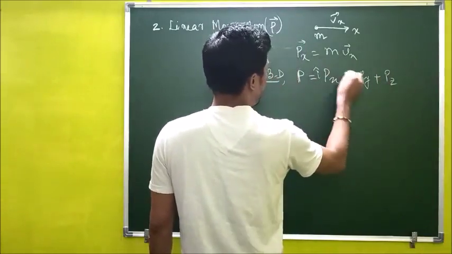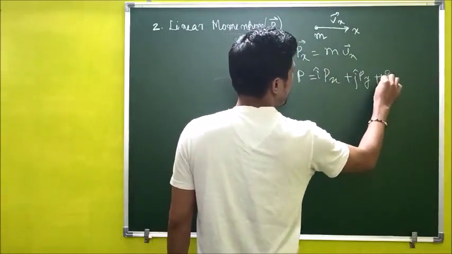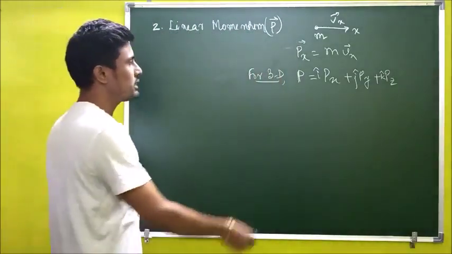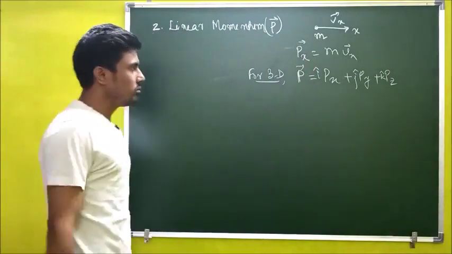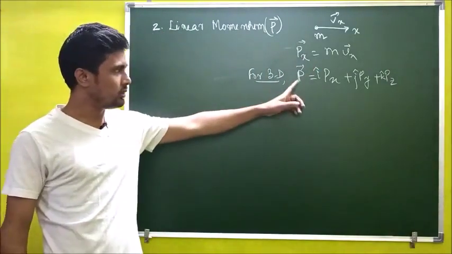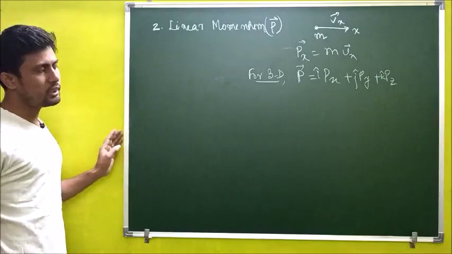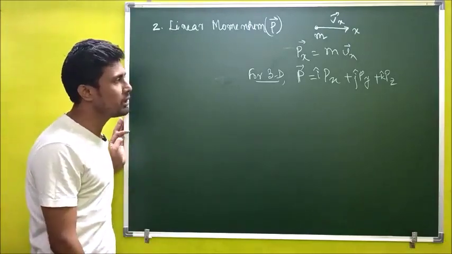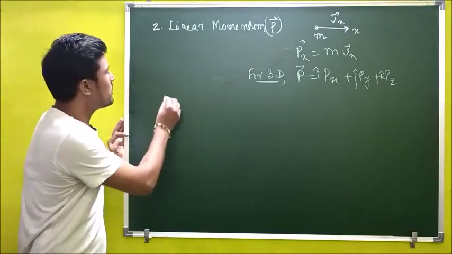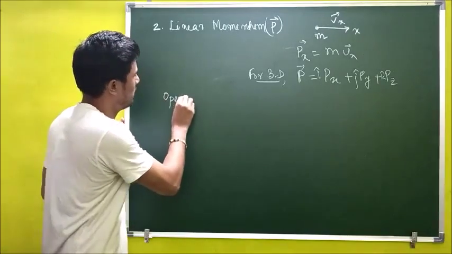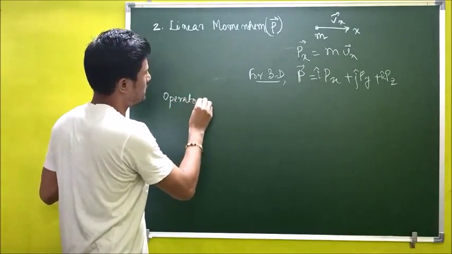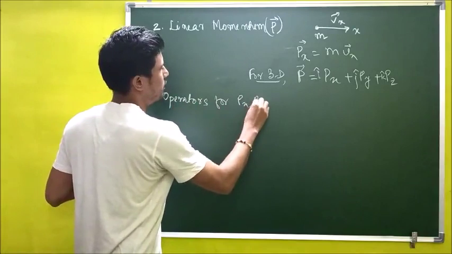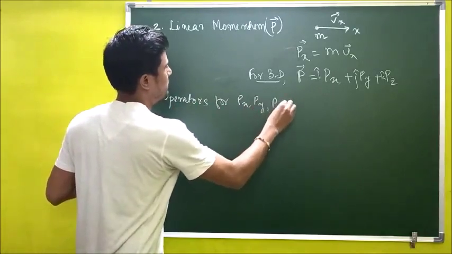Here i, j, k are the three unit vectors along the x, y, z axes. This is the linear momentum vector. Now let us see the operators for this linear momentum: px, py and pz.